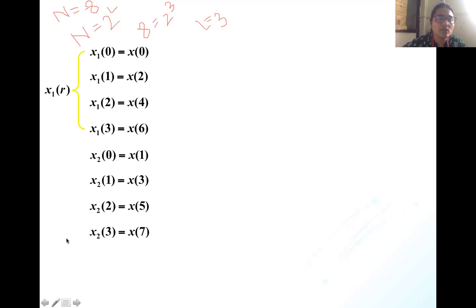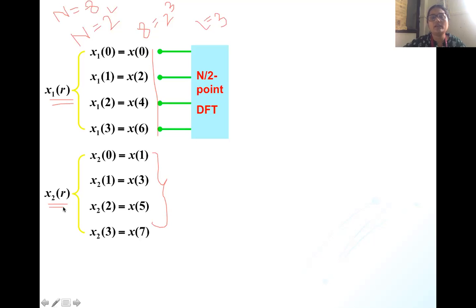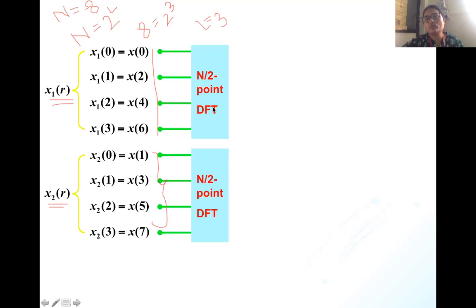So what I'm going to do here first, from the entire 8-point sequence, even points are collected and those are represented as x1 of r. Further, x2 of r is representing all the odd values. Now those values are again given to N by 2 point DFTs.